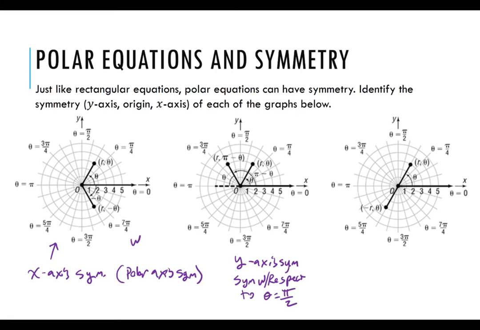Then I get to this other one. Notice, what does this one have? Well, if you rotated 180 degrees, or you turned upside down on your head and you looked at it upside down, this one would have origin symmetry. And so origin symmetry for us is going to be symmetry with respect to the pole. Now recall that the pole is the origin, right?